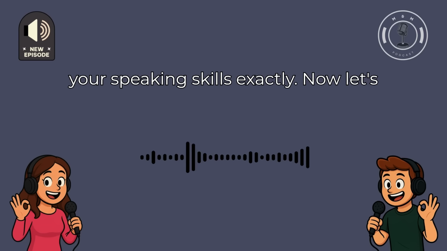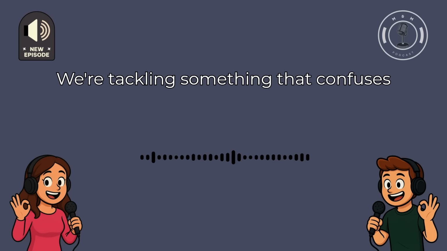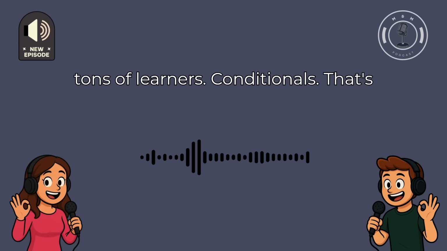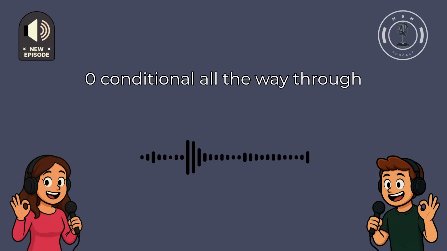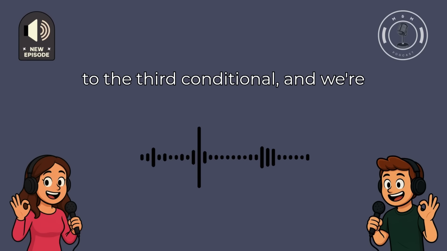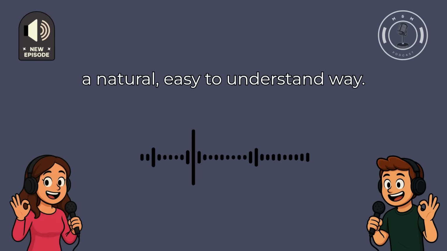Exactly. Now, let's talk about today's main topic. We're tackling something that confuses tons of learners. Conditionals. That's right. We're covering everything from the zero conditional all the way through to the third conditional. And we're going to break them down in a natural, easy-to-understand way.